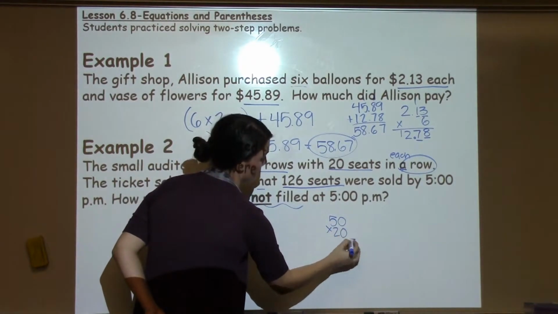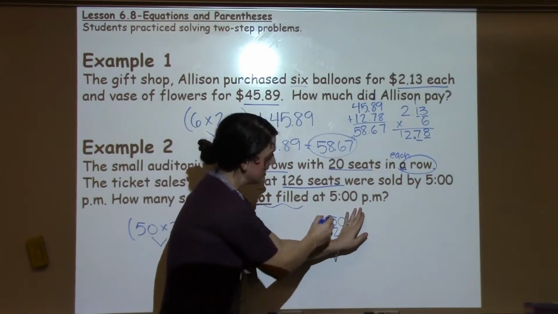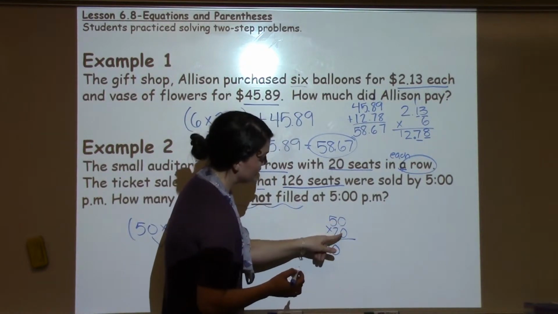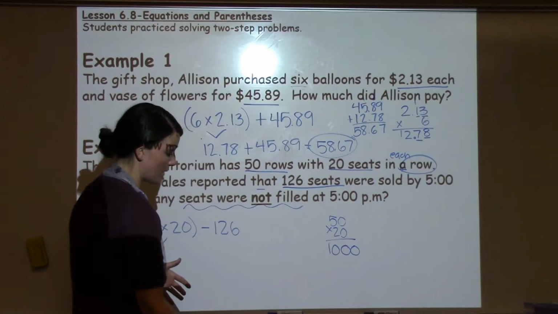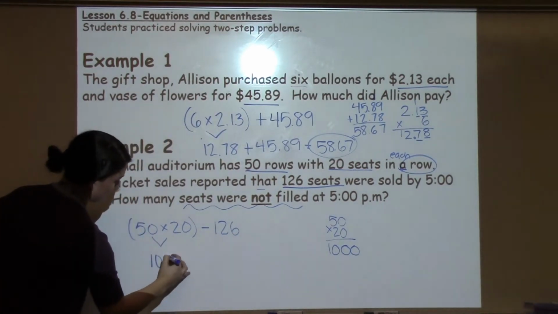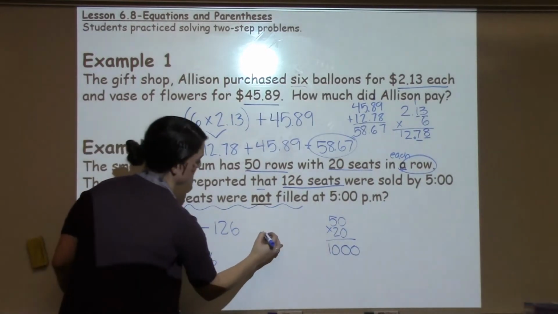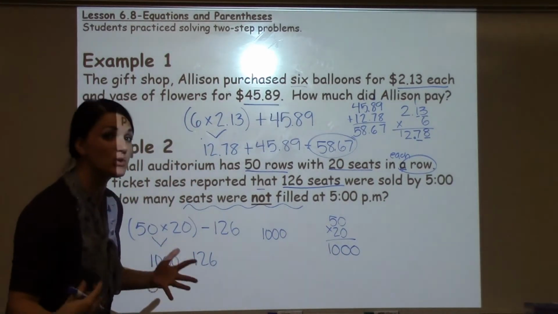You might remember from a few units ago that we have a zeros trick. If you just take those zeros off and just do 5 times 2, which is 10, then you just add the 2 zeros back on. So 50 times 20 is 1,000. And then I'm going to subtract 126. Now I put the parentheses in place here to help me know I need to do that first.